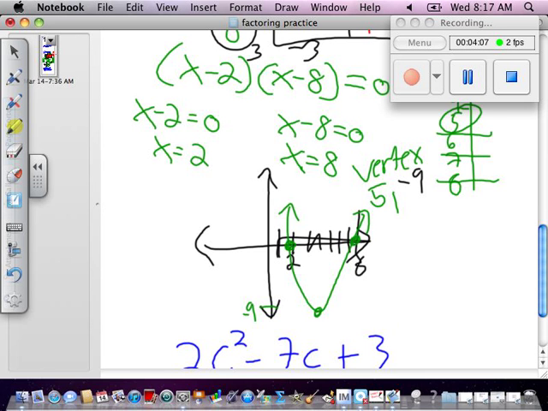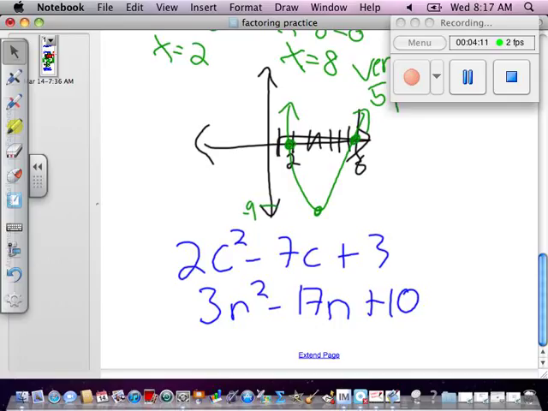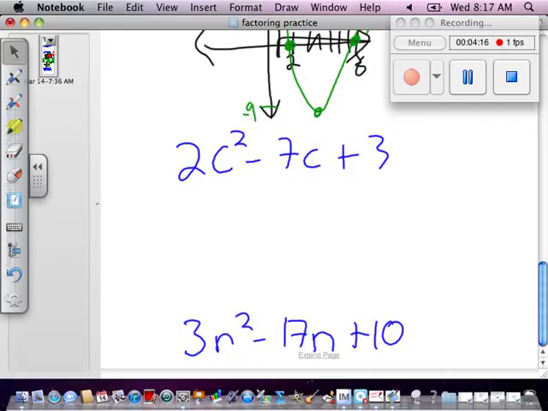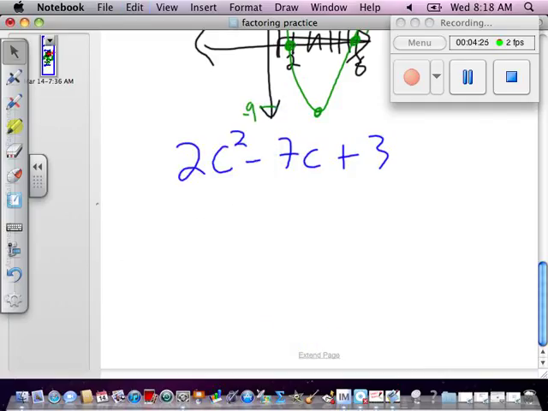Let's look at one more factor, and then I'll have you guys do some on your own.